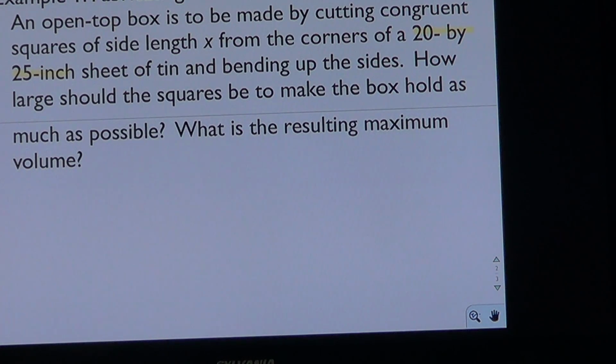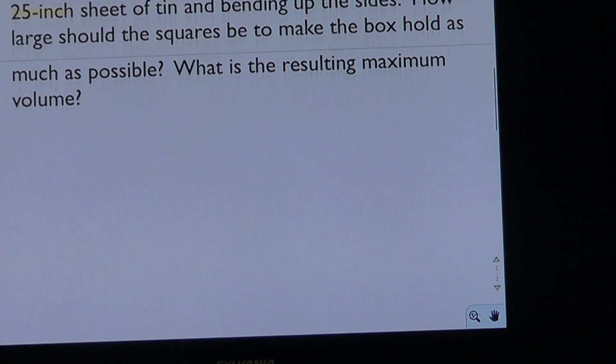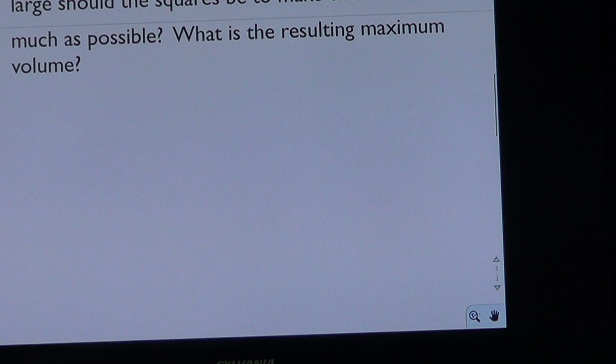Making a box. Okay, and in order to make a box, we're going to cut congruent squares of side length x out from the corners. Okay, so we're going to draw a picture. So we're going to start with our 20 by 25 inch sheet of tin.